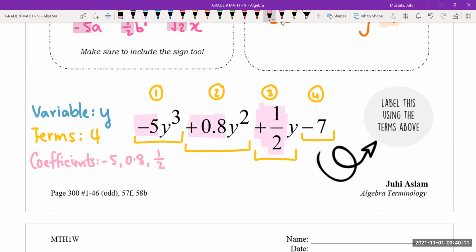Good. So we're going to actually write that in our last definition. Our constant, is it a positive 7 or a negative 7? Negative. Make sure you include the negative sign with it. Good. And if we are highlighting, then I can just highlight this with orange so you can see that it's different from the other ones.